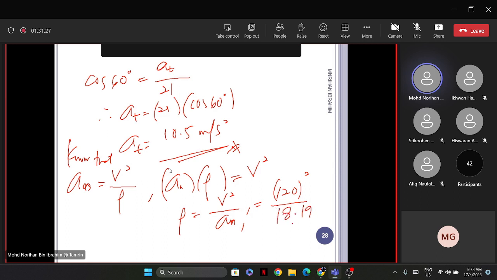When you solve this, the answer for rho is approximately 792 meter. So you have already got the answer for this radius of curvature.